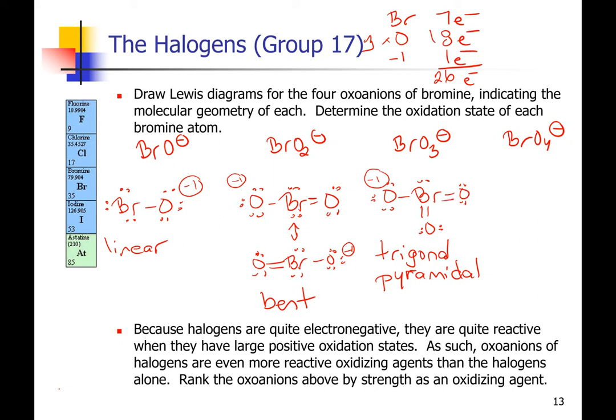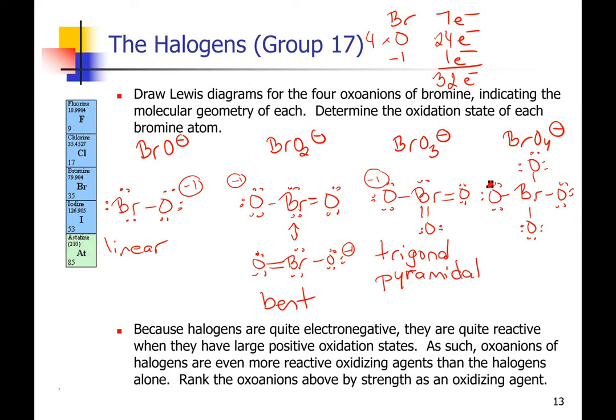And then finally, the perbromate ion has 4 oxygens around the bromine. So 4 oxygen atoms at 6 electrons each is 24. Add the 8 from elsewhere, gets us 32 electrons. And if we fill in lone pairs around all of the oxygen atoms, that uses our 32 electrons.